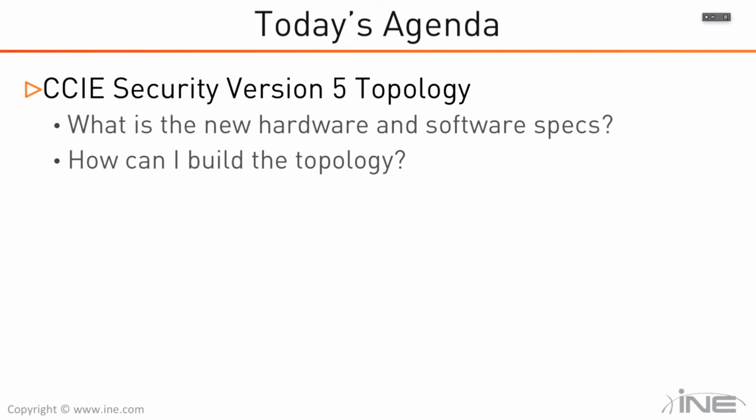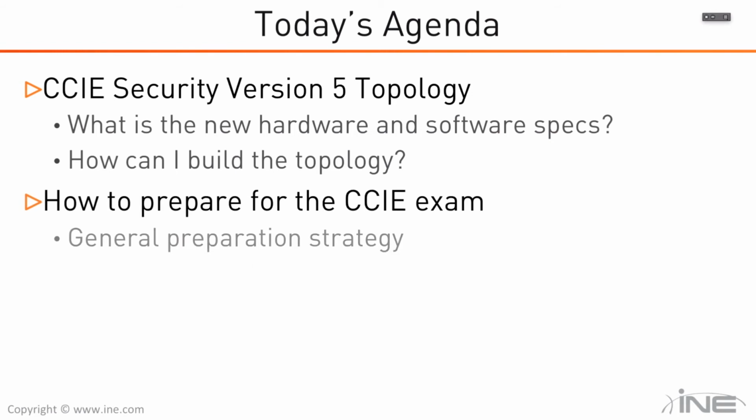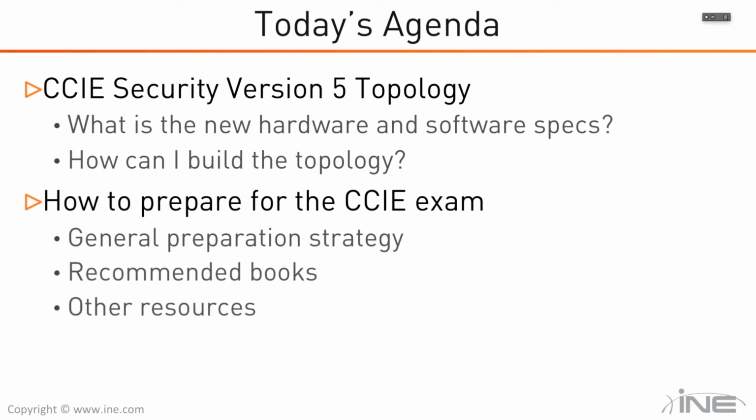And of course, then we're going to go to how to actually prepare for the CCIE exam. We're going to speak about general preparation strategy, recommended books, and a couple of other resources which should be your primary tools in your preparation, alongside, of course, videos and labs.